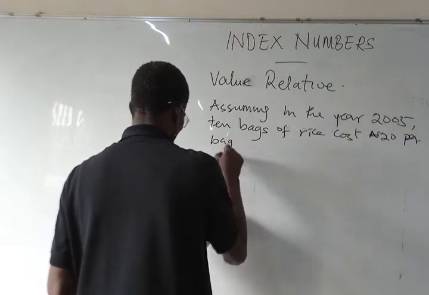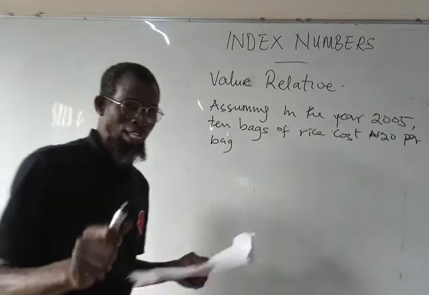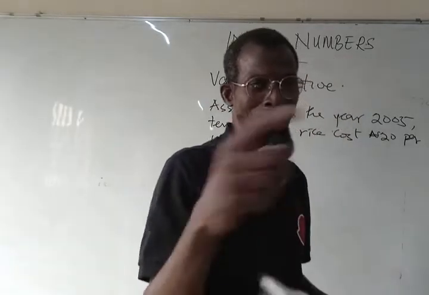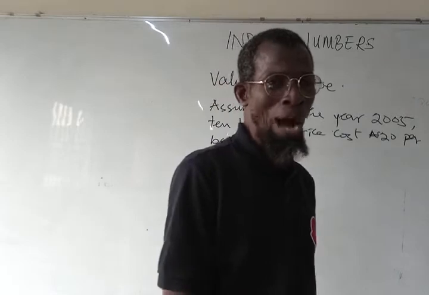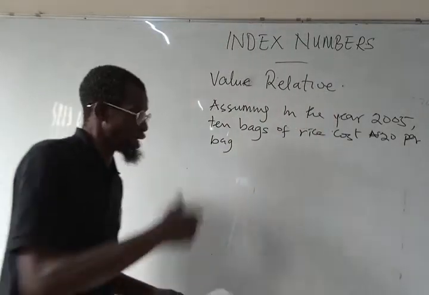You might be wondering what this man is saying. Yes, if you ask our parents, they will tell you that during their own time, a bag of rice cost even less than this amount. It's just an assumption.